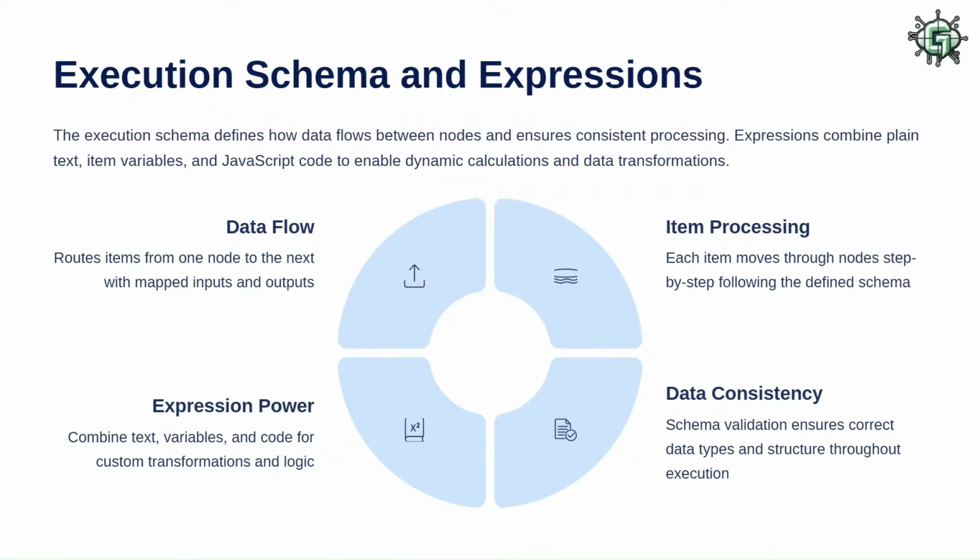Each item flows through the schema, processing from one node to another based on parameters. Next is data consistency, which ensures correct types and structure, whether it's in the correct format or not. Then expression power, combining text, variables, and code for custom transformations.